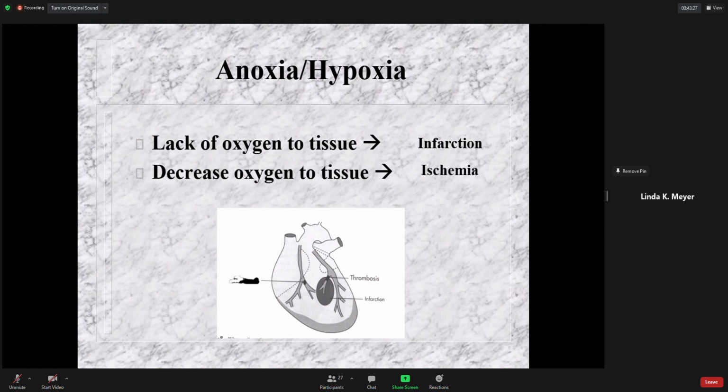And this is in general referred to as an ischemia. We'll distinguish between these two momentarily, but I just want to focus on the injurious stimulus or the snowball. Either lack of oxygen, which is anoxia, or hypoxia, which is decreased oxygen.